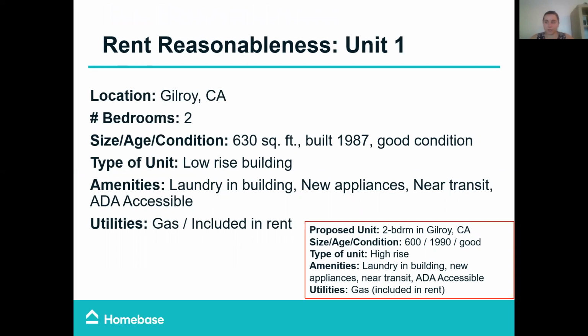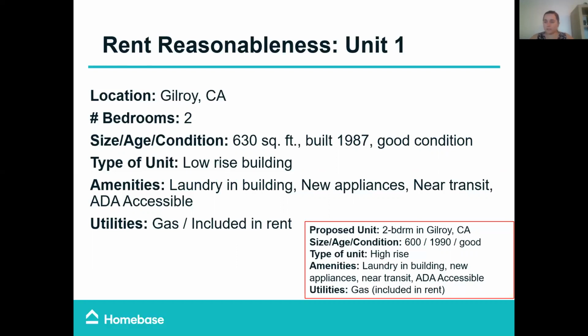So the first unit that we're going to look at is a 2-bedroom apartment in Gilroy. It's 630 square feet, and it's in a low-rise building that was built in 1987 that is in good condition. Amenities included are laundry in the building, new appliances, near public transit, and it's ADA accessible. And finally, gas utilities are included in the rent.